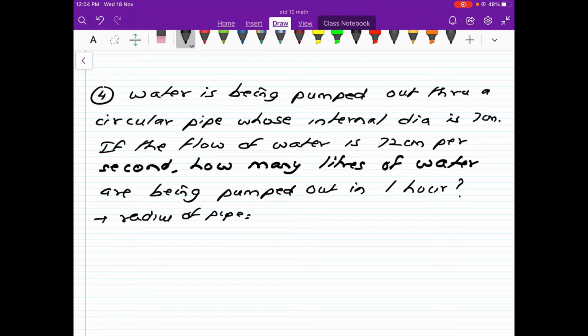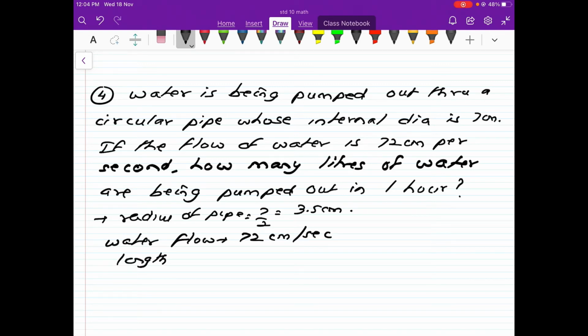The diameter is given as 7, so it is 7 upon 2, which means 3.5 centimeters. The water flow is given as 72 centimeters per second. So what is the length of the column?